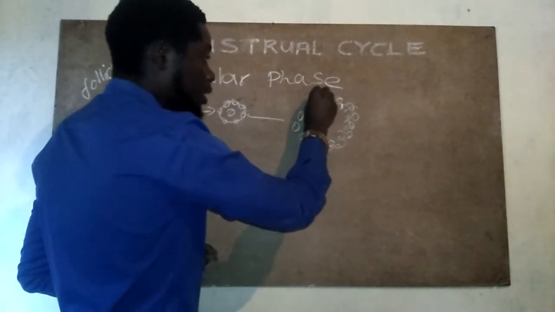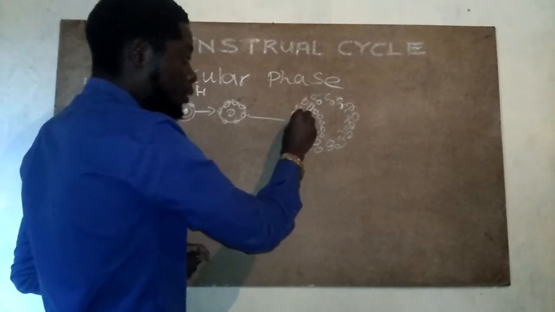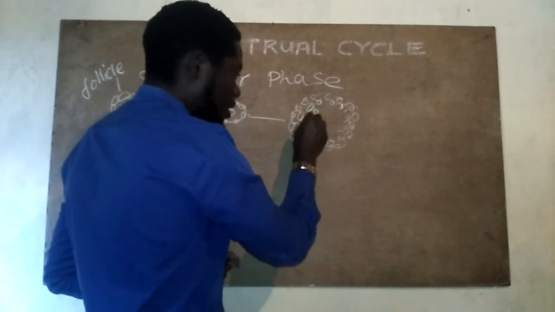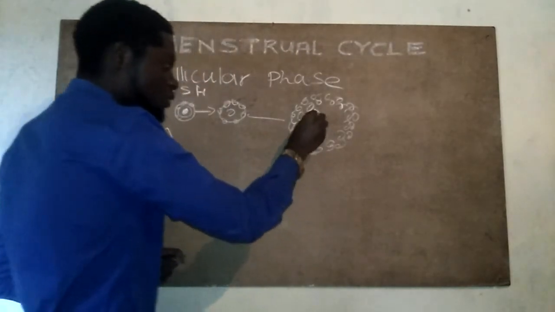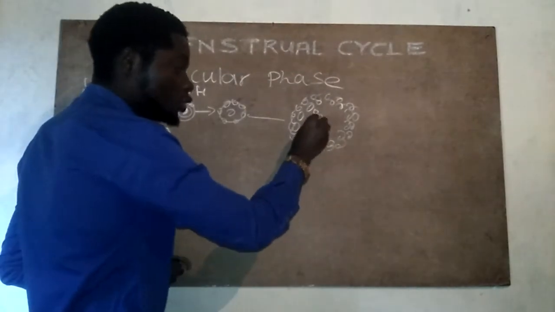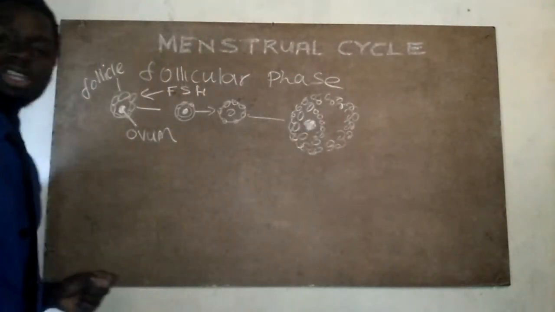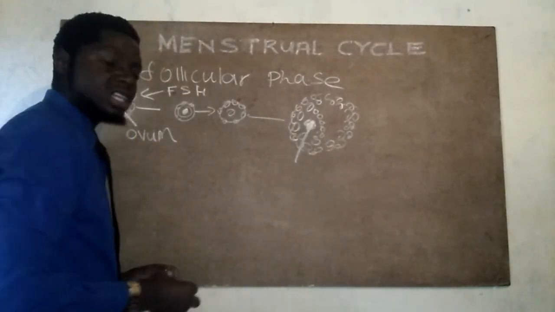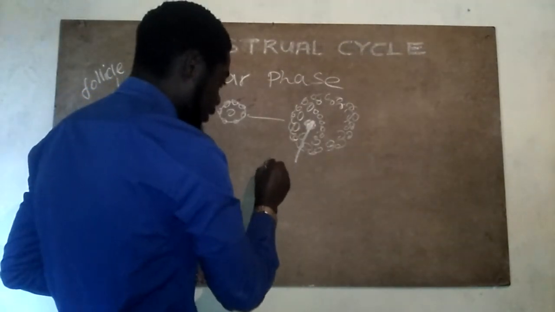So these are the follicles of the females, of women and girls. When they are born, they don't have a hormone to stimulate them to go into a mature Graafian follicle, which is getting ready to be fertilized.